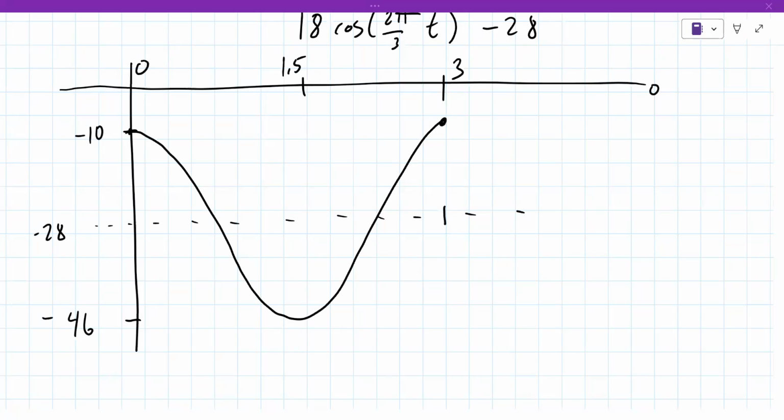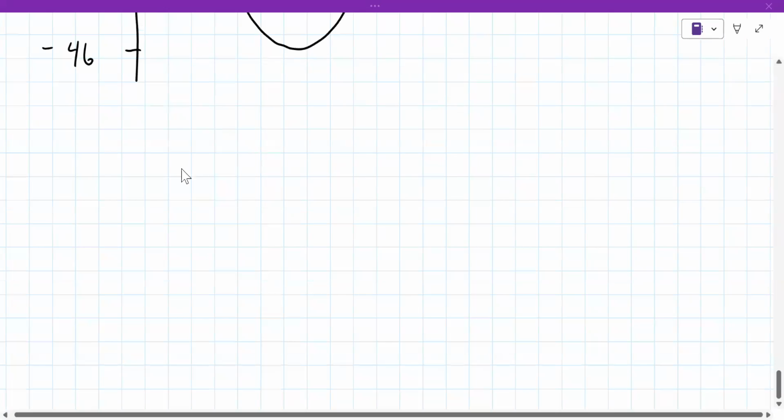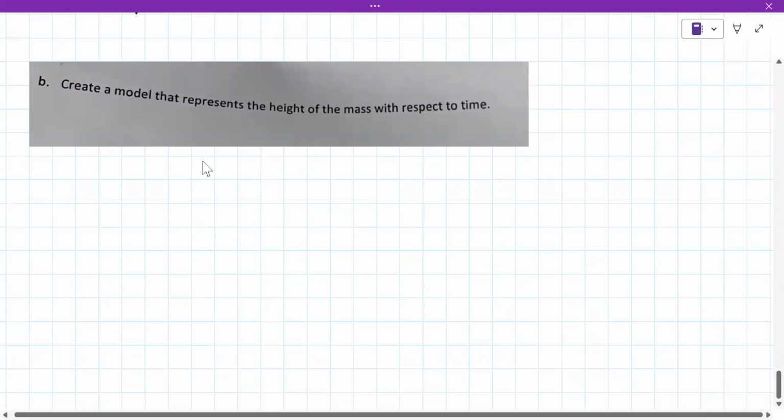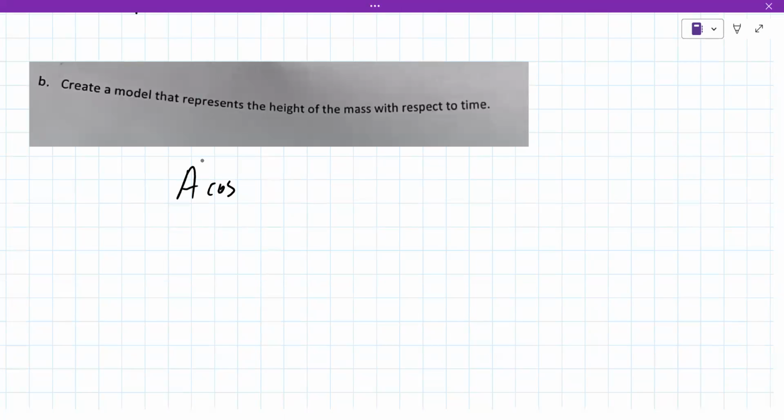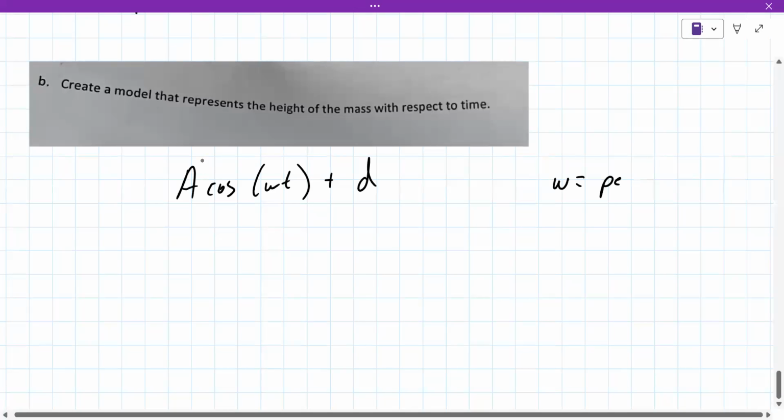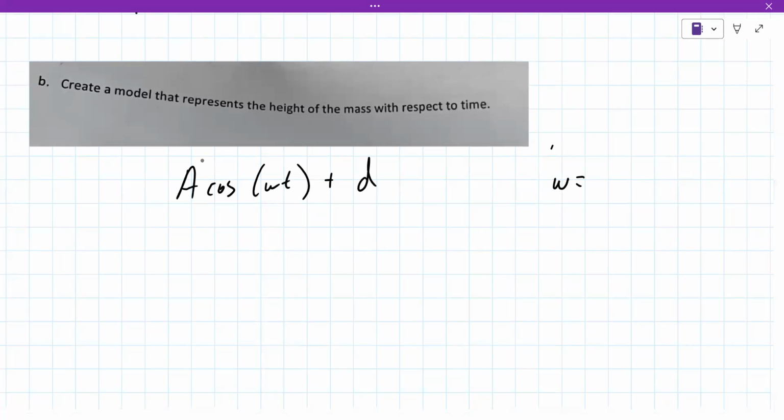All right. So now we've kind of already done part B. I mean, the model is the equation. Sometimes I do things out of order because it's easier to graph the model, but the model is the A cosine omega t plus d. You might be using different letters, but omega leads to the period. Sorry, let me write it differently. 2 pi over omega is the period.